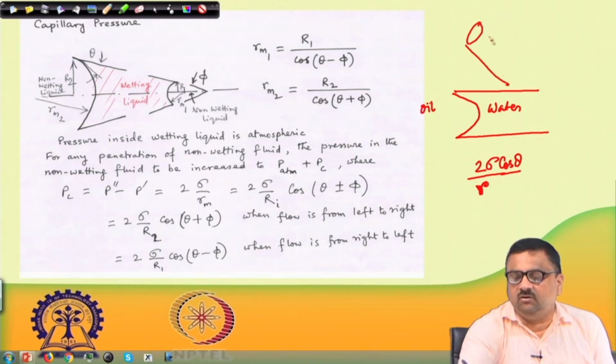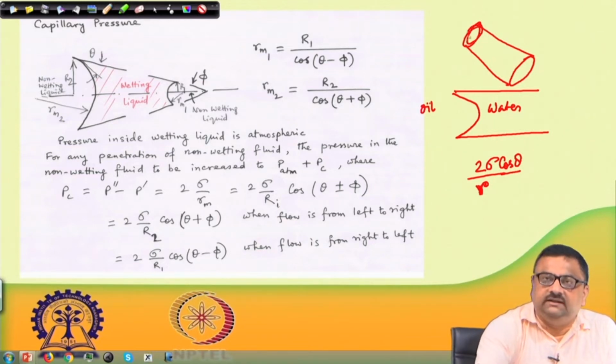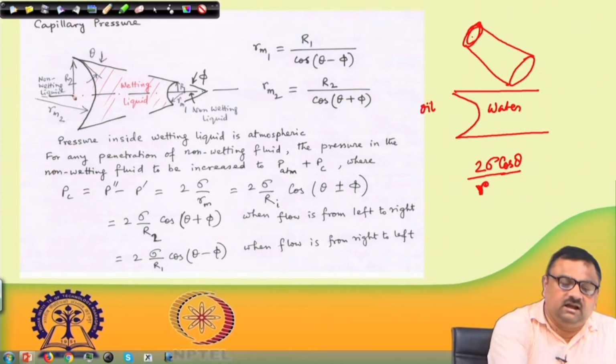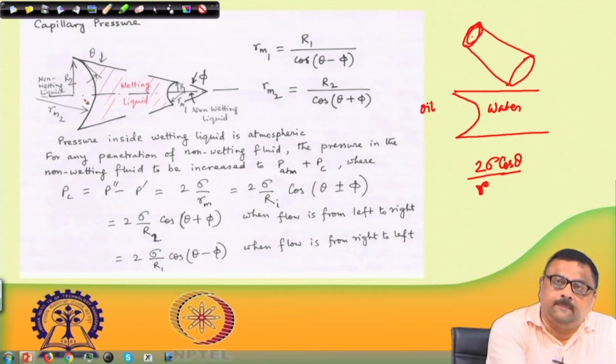The radius of the smaller end is r1 and the larger one is r2.